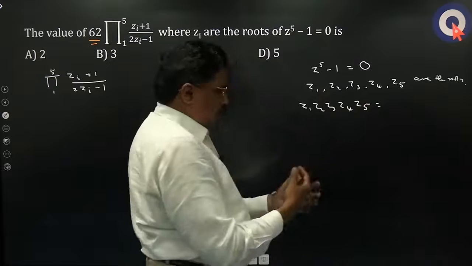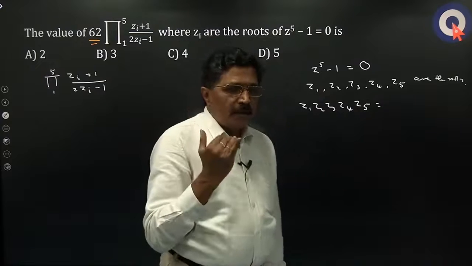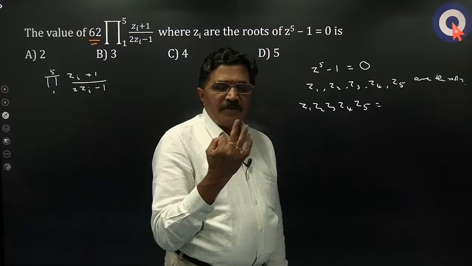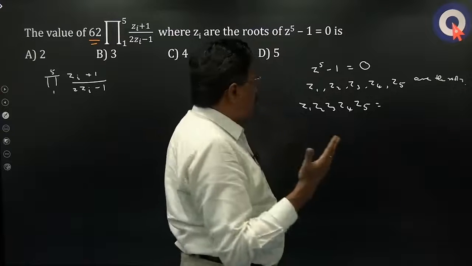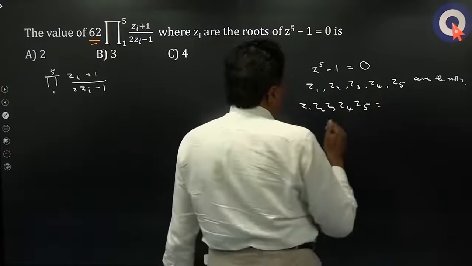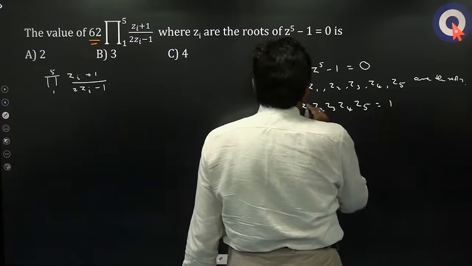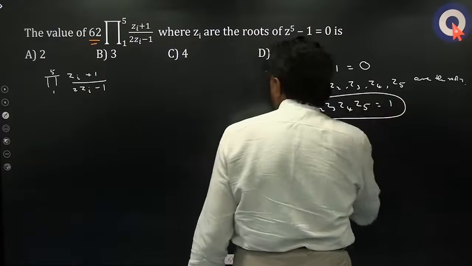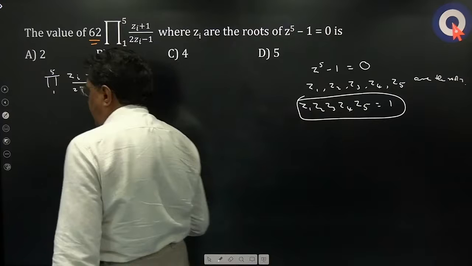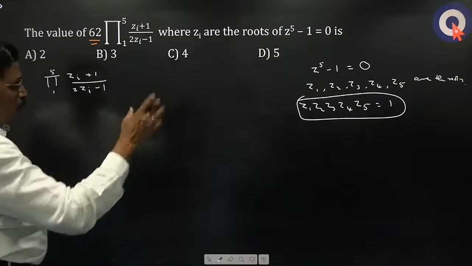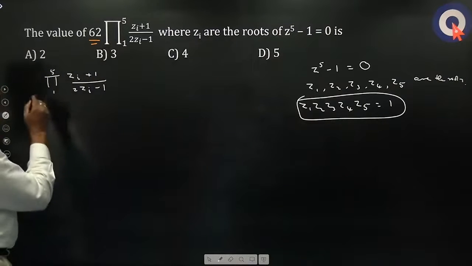So the sum of the roots is minus b by a, next is positive, next is negative, next is positive, next is negative. So that is minus c by a, and the product becomes 1 basically. Apart from that, any sum of products of the roots in whatever combination is actually 0.